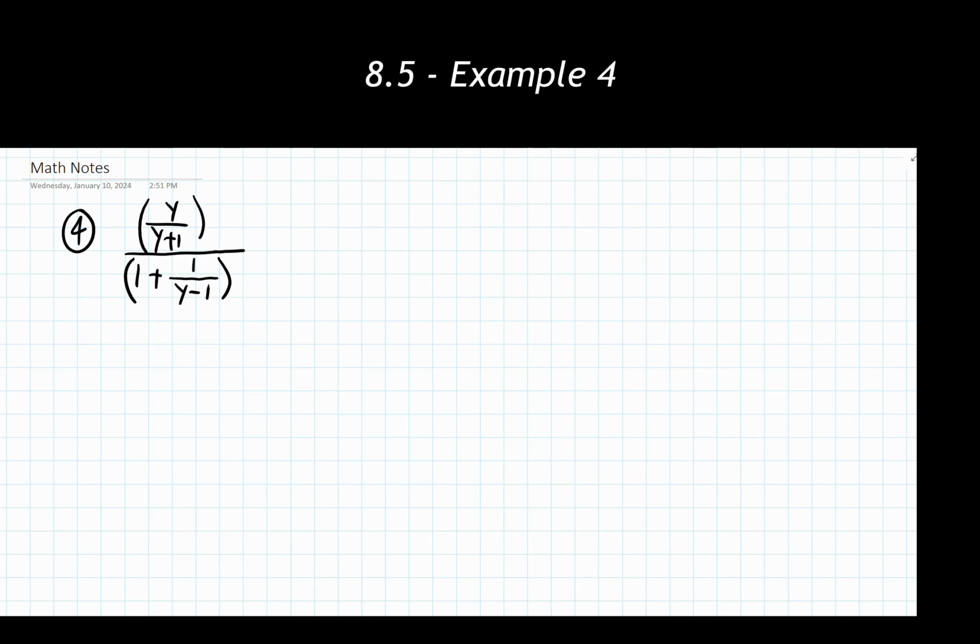So looking at my numerator first, saying, is there anything that's going on that I could simplify, any addition, subtraction, or multiplication that's happening there? And really there isn't. I'm not seeing any other operations like addition, subtraction showing up in there. I just have y over y plus 1. I also can't factor anything like we did in example 3, so I can't do anything at all with the numerator as it's currently written, so I'm going to leave that exactly as it is.